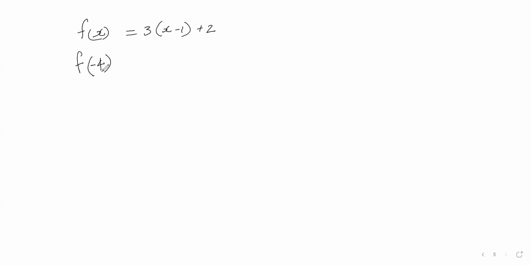When x is -4, what is y? Because remember, f of x is y. So we have 3 open brackets -4 plus -1 plus 2.